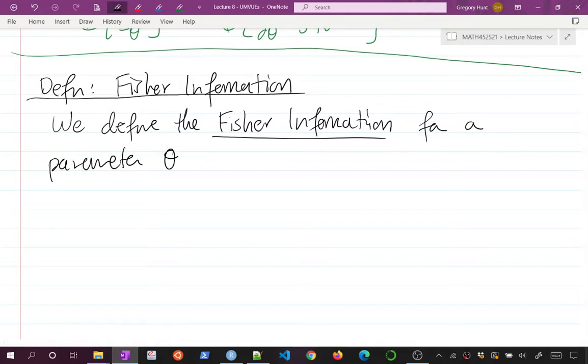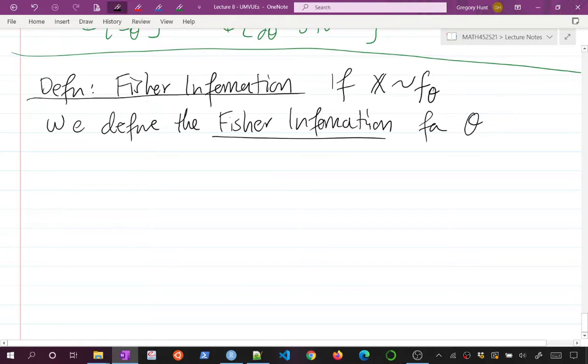Do I want to preface this with anything? Let's think. Let me just start off by saying, if I have a single sample, some x that comes from some distribution f theta, in that case, we define the Fisher information for theta contained in my single sample x as, and we'll say I for information, I of theta.